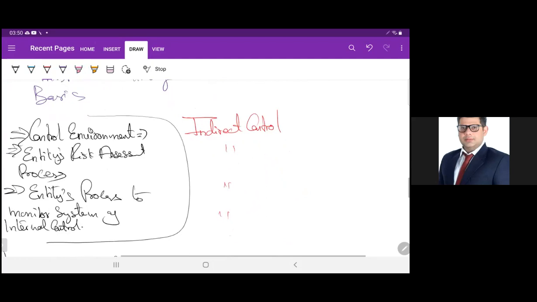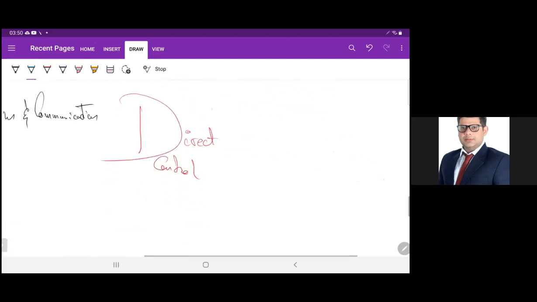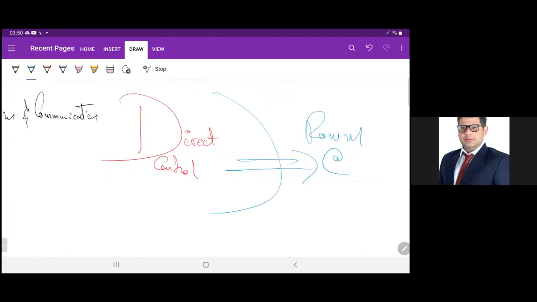So what is the difference between indirect control and direct control? Here in indirect control, they will have risk of material misstatement at the financial statement level, right? And here in direct control, they will have a risk of material misstatement at the assertion level, right?